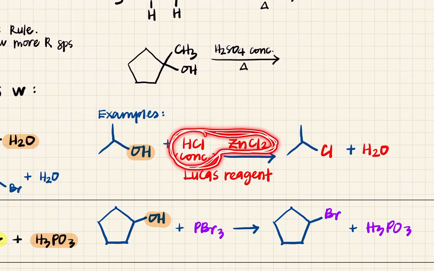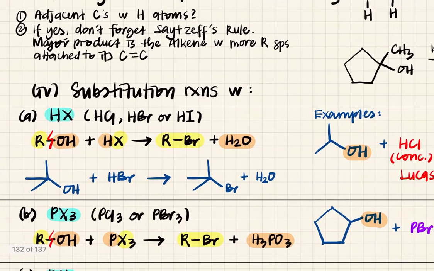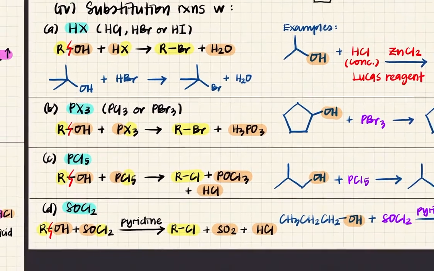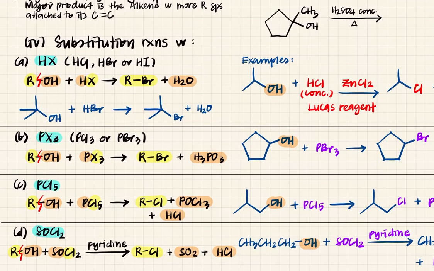Tak ada HBr, tak ada ZnBr2. Ini Lucas reagent. Okay, and then you have these other substitution reactions. Okay, kan saya cakap tadi yang substitution reaction ni semua awak dapat haloalkane. Okay.